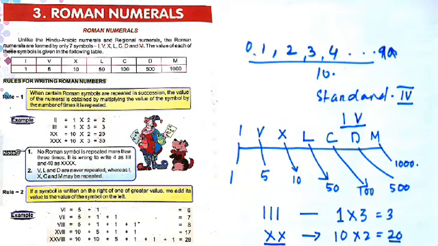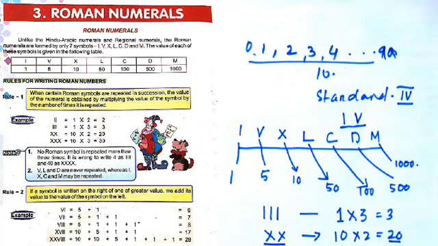The second point is V, L, D. You see, V means 5, L means 50, D means 500. These symbols are never repeated.